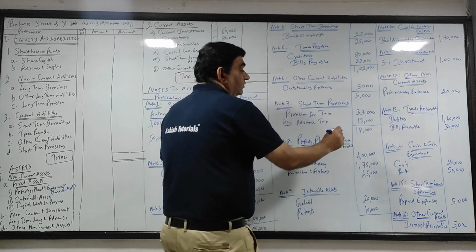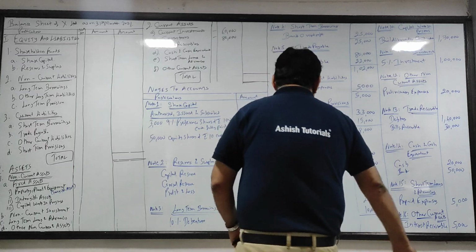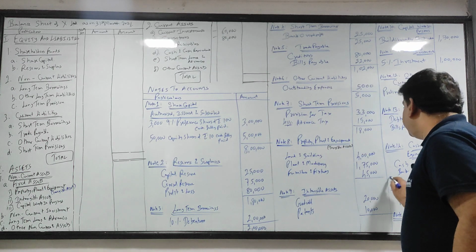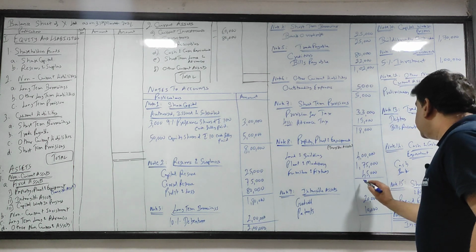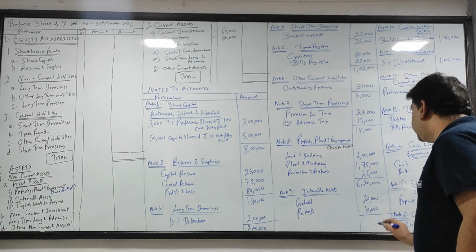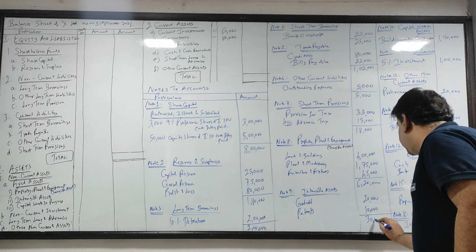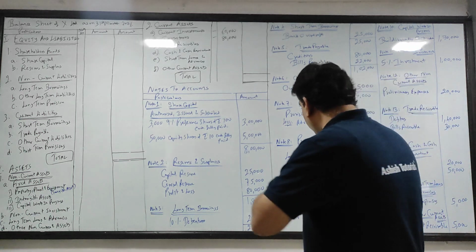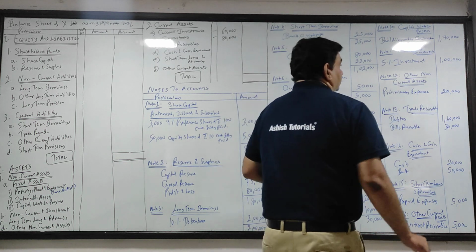Outstanding expenses 5,000. Provision for tax, this is 4 lakh and 1, 575, 580, 620. 20 plus 10, 30. You have to just take the total of the respective notes to accounts.